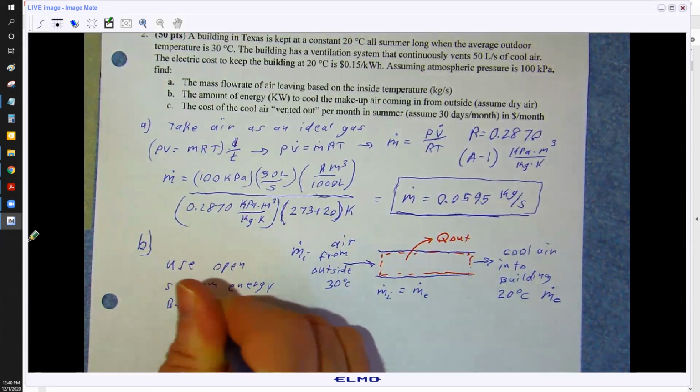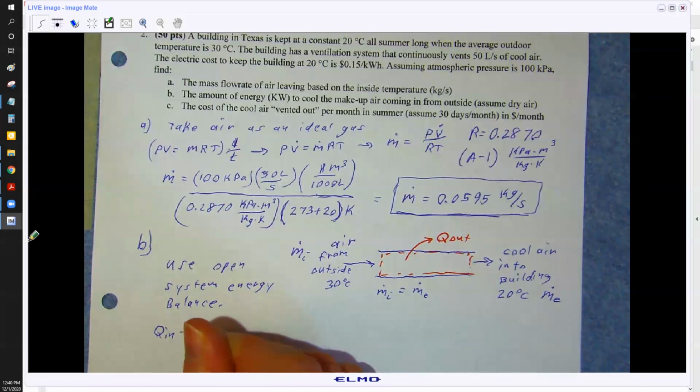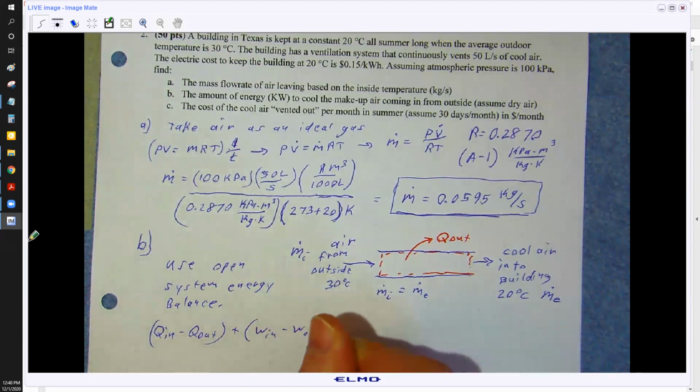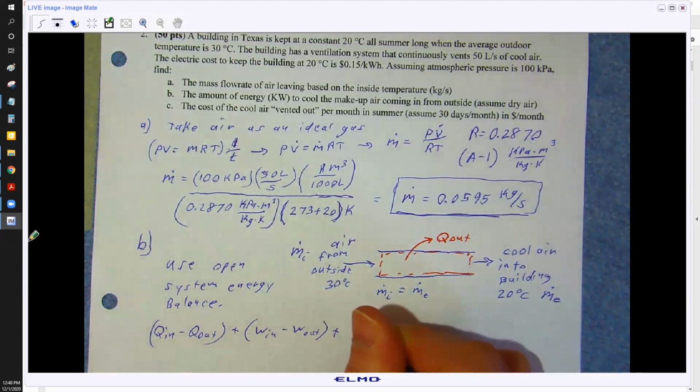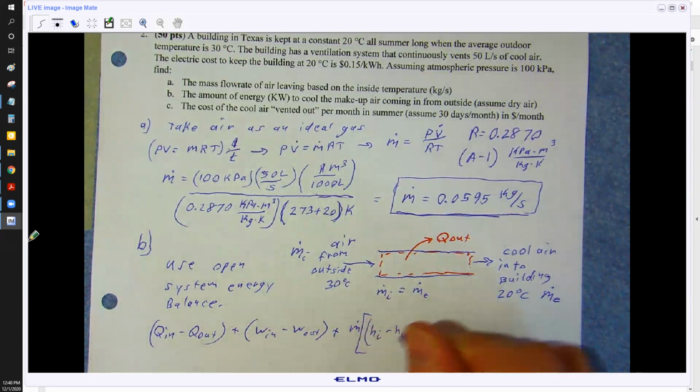Let me write that out for you. I'm going to start by writing all these terms and we'll go through them all. What do I have? A mass flow, h. So I'm using i for inlet and e for exit.